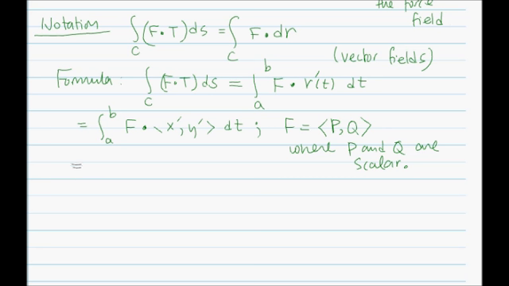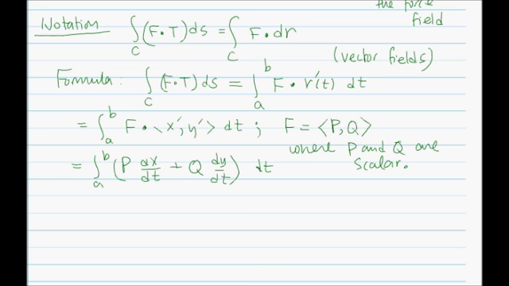So if you dot this (P, Q) with this (x prime, y prime), it can be written as the integral from a to b of P dx/dt, these are two scalars multiplied, plus Q multiplied by dy/dt. And everything is an integral over dt. So this is the part you go through to calculate this integral.